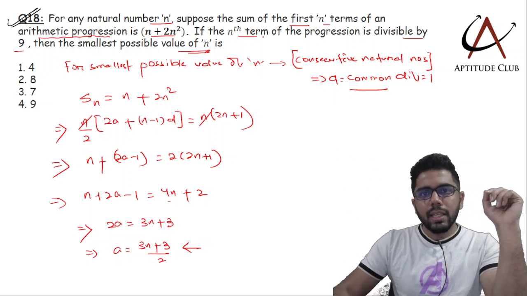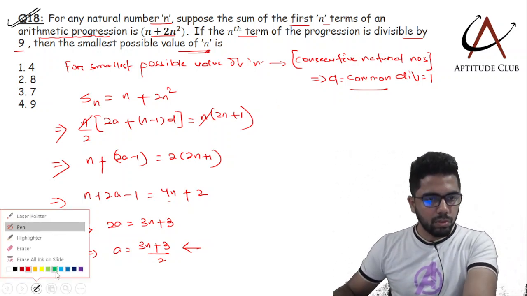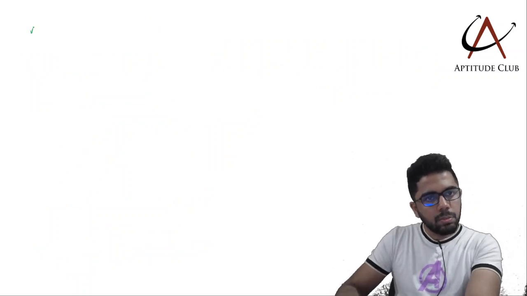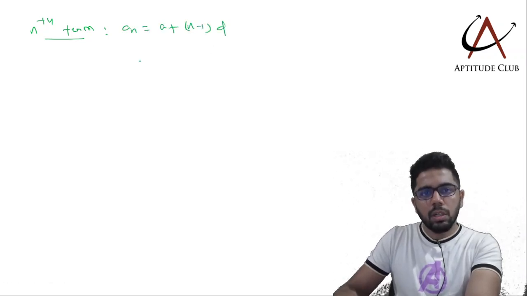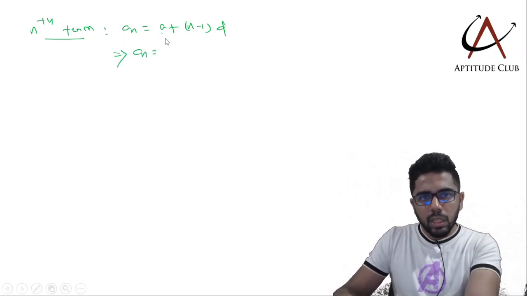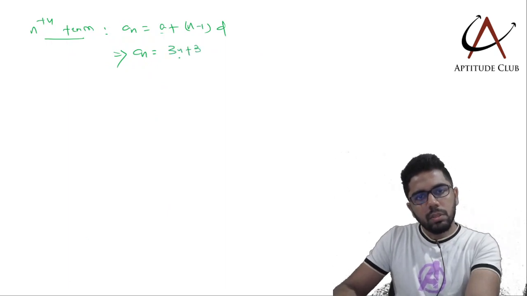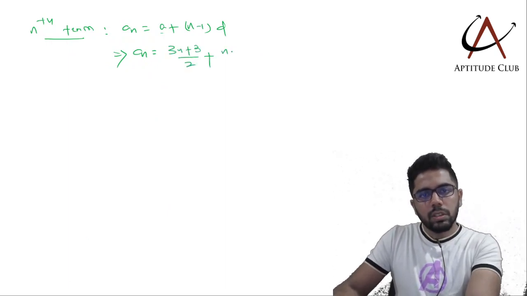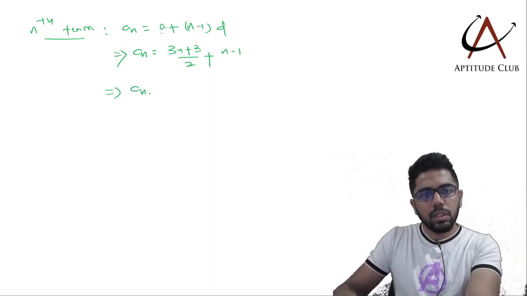अब बोल रहा है if the nth term of the progression, what is the nth term of any progression? उसको यहाँ पे लिखते हैं nth term of a progression. nth term an is a plus n minus 1 into d. अब हमें पता है d तो 1 है. So nth term in place of a I'll write this 3n plus 3 by 2, 3n plus 3 by 2 plus n minus 1, क्योंकि d का value तो 1 है. इसको थोड़ा LCM लेके simplify करते हैं.